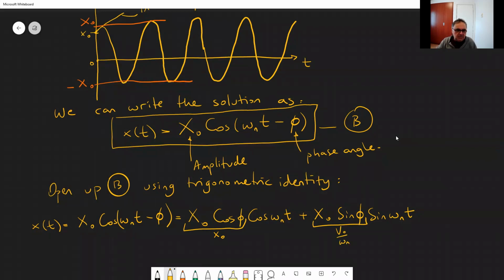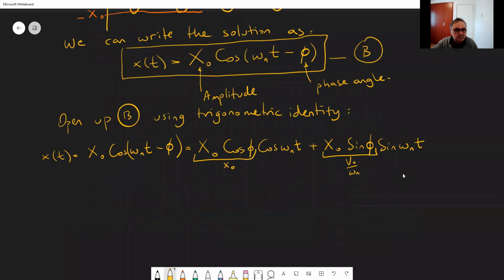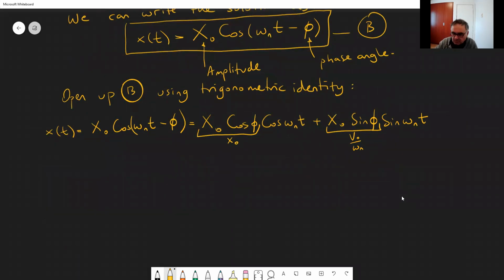In this case, they would be equivalent. So you can write the following. Cosine phi would be equal to small case x0. Let's say this is our first equation.